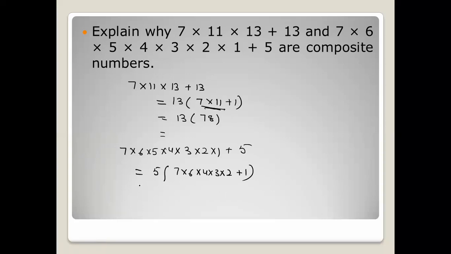Now again we can say, 5 is divisible by 1 and also by 5, and the other factor, even if it is a prime factor, then it is not a prime number, it is a composite number because 5 into something is there. So it is not a prime number, it is a composite number.